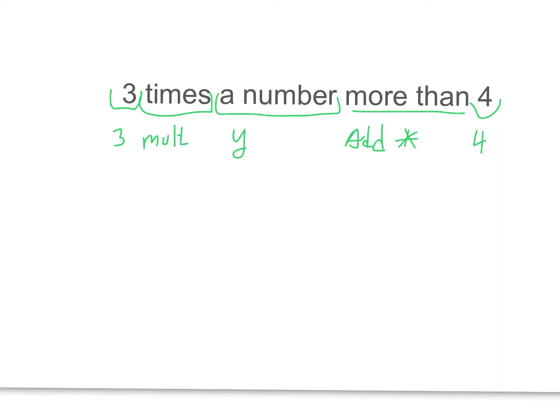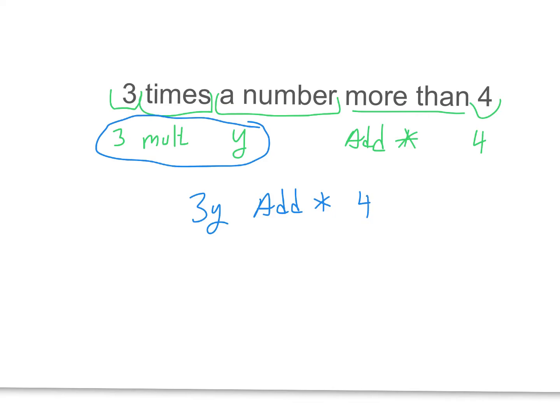So just like the last one, first thing I'm going to put together is 3 multiply with y. So that becomes 3y. Add with the star and 4. Okay, now let's deal with this. So we're going to flip-flop.